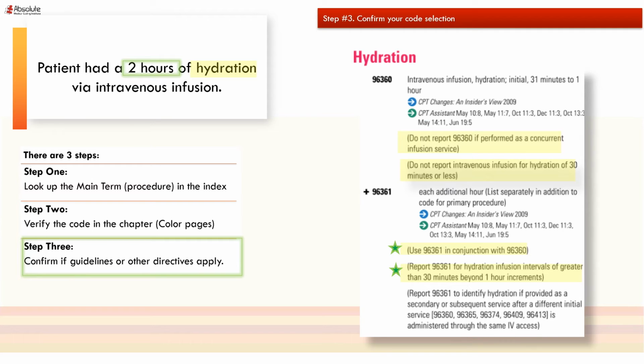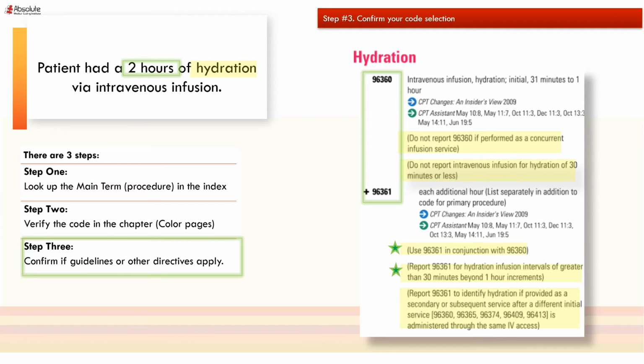The third parenthetical guideline says report 96361 to identify hydration if provided as a secondary or subsequent service after a different initial service, 96360, 96365, 96374, 96409, 96413, administered through the same IV access. That one doesn't apply in this case, but again, it's very important to read everything. So it looks like we're going to report both of those codes.